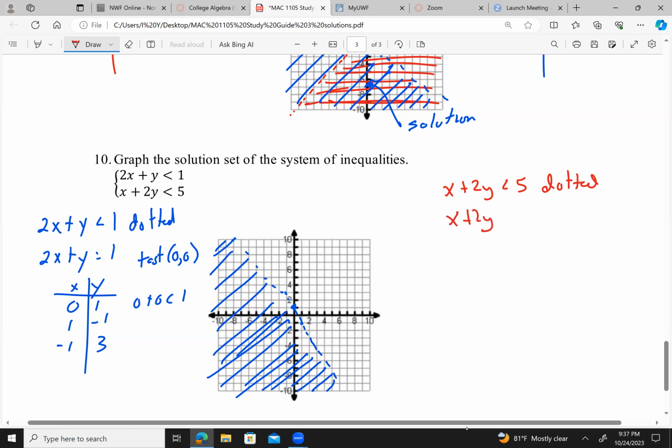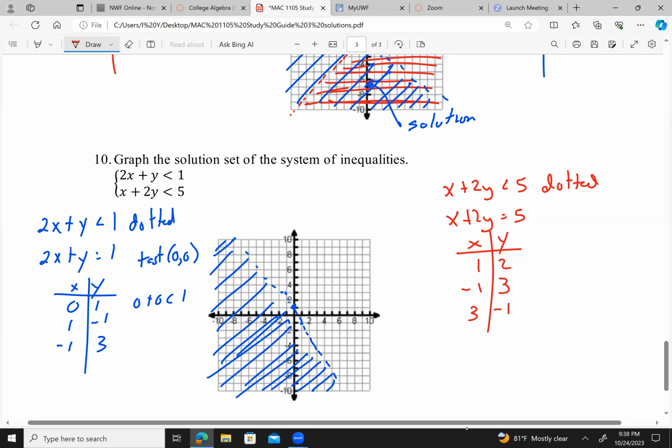X plus 2y equals 5. I'm going to start with x equals 1. Because that gives me 2y equals 4, so y equals 2. How about x equals negative 1? Now that's negative 1, adding 1, 6, 2y equals 6. We have 3. And let's go ahead and say x equals 3.